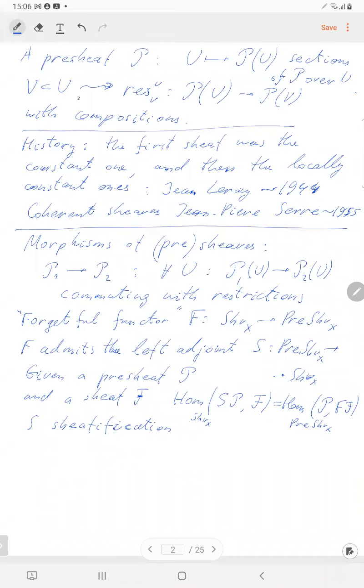You will only use the property that it's left adjoint to just forgetting the sheaf structure. Okay, so the construction. Yes, we now want to construct it.